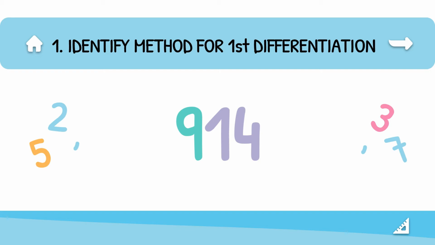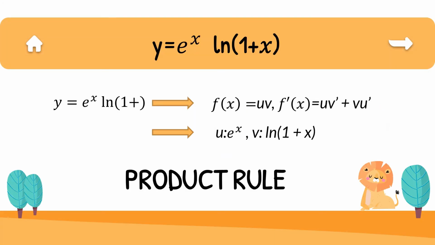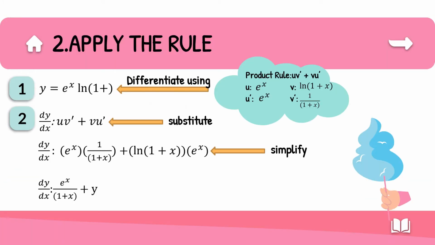For the first differentiation, we are going to use the product rule, where we have to determine the u and the v for this equation. For this case, e to the power of x is the u and ln(1 plus x) is the v. By using the product rule, we know that dy over dx is equal to uv' plus vu'.